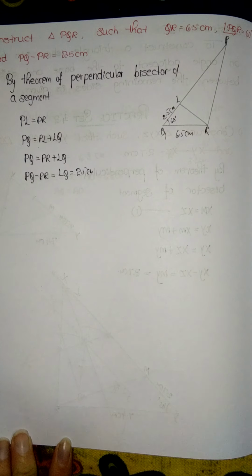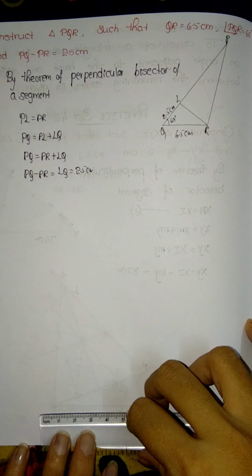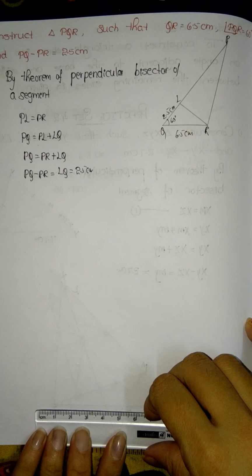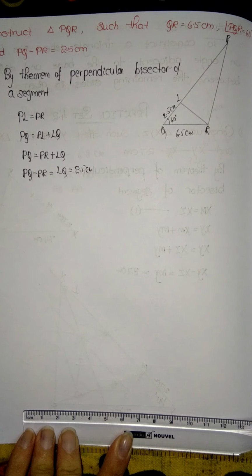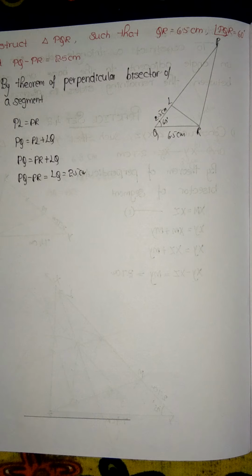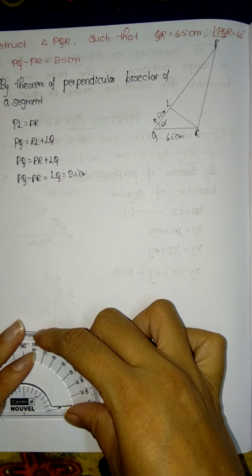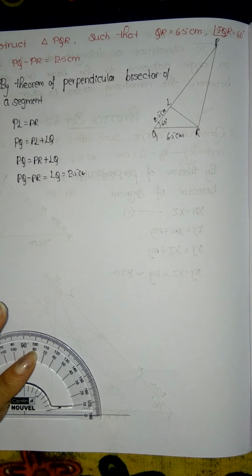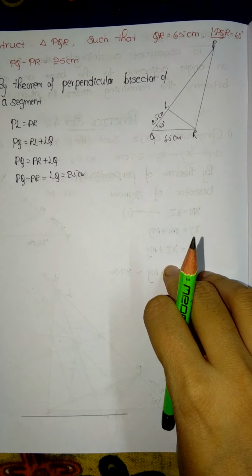First draw a base that is 6.5 centimeter. Now take the angle at Q, that is 60 degree, and join this.